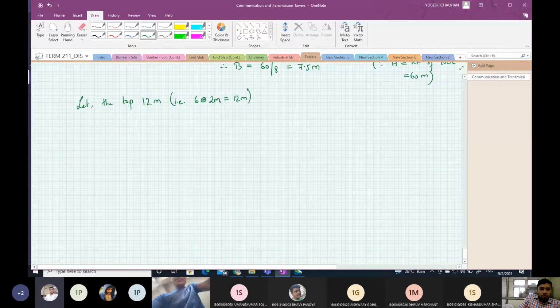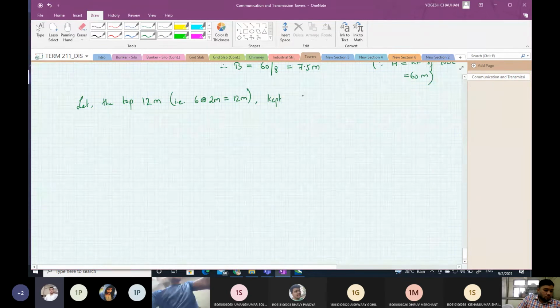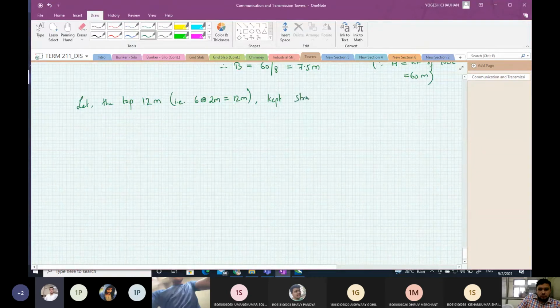We have 6 panels of 2 meter width, which gives a total of 12 meter. So this top 12 meter is kept straight, that means vertical.